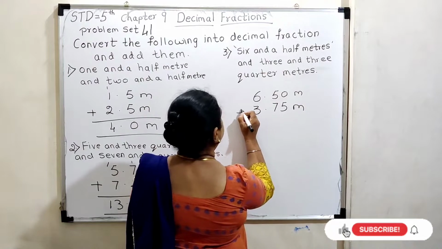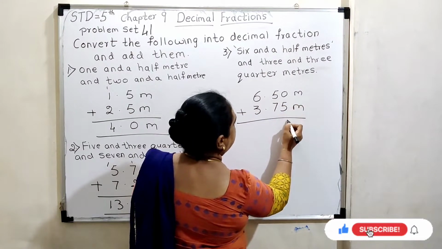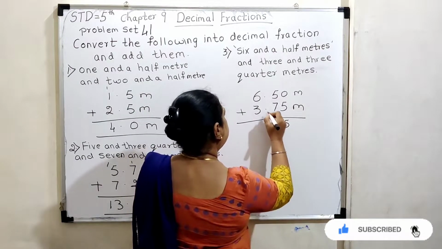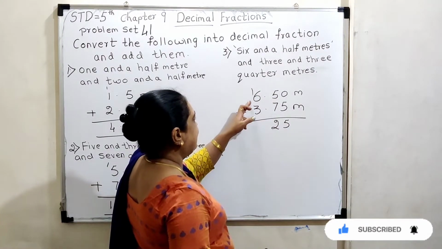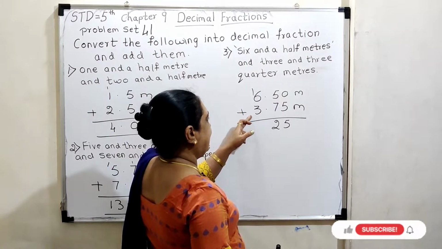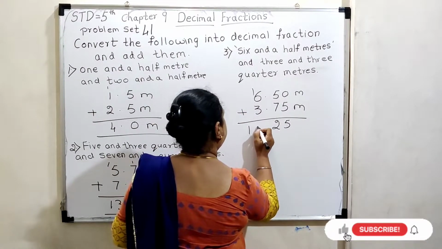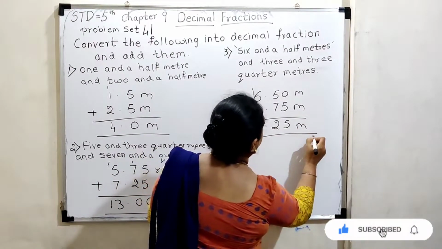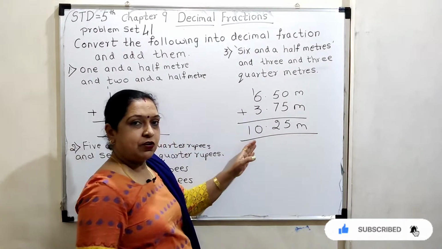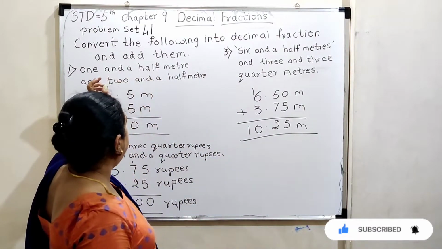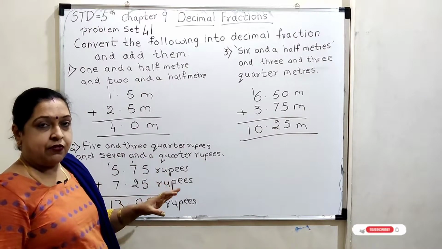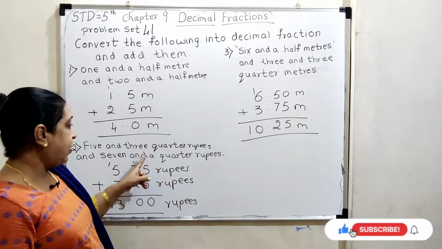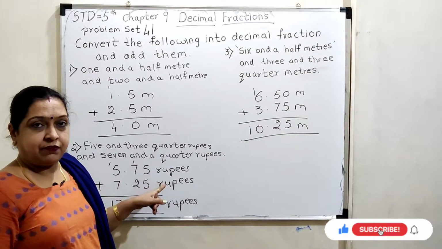Now add. 0 and 5 is 5. 5 and 7 is 12. Carry 1. 6 and 1 is 7. Plus 3, 10 meters. You have to solve in this manner. If they are asking quarter, means 25. If they are asking half, 50. And if 3/4, you take 75.